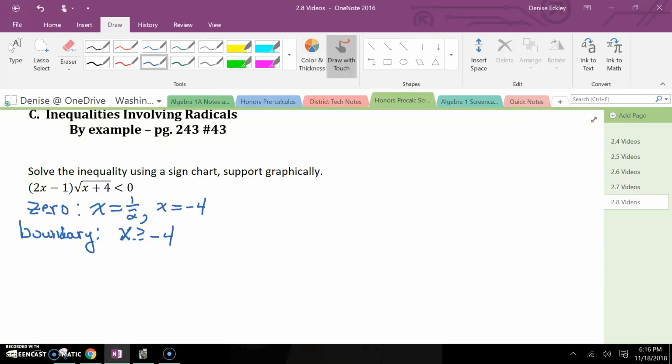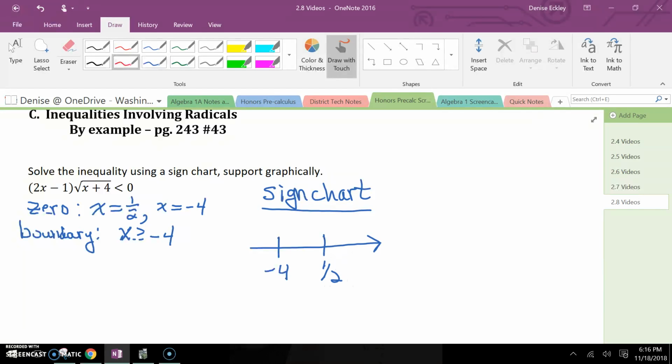So with that in mind, we're going to make our sign chart. And we have just two values on it. So we draw our number line. We are going to have -4 here. We are going to have 1/2 here.